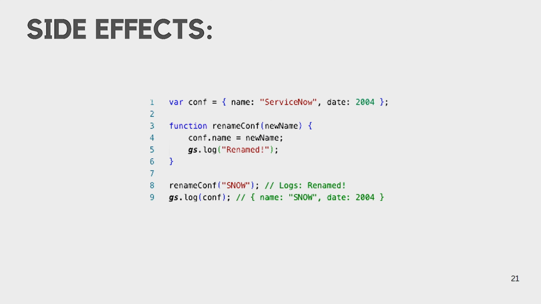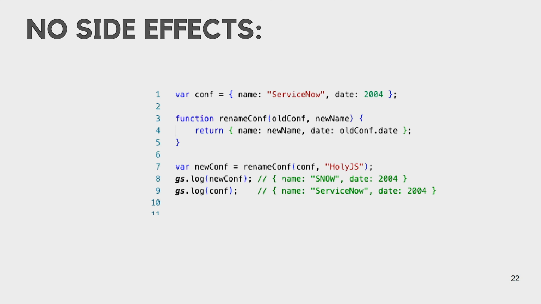When I call this function rename conf, I get my first side effect: I get the console.log message that I renamed it. Cool. And then if I check what the conf is, I see that it's changed from what I originally assigned it to be. This is bad because maybe someone else was depending on this conf being the way it was originally. Maybe they were not expecting this change.